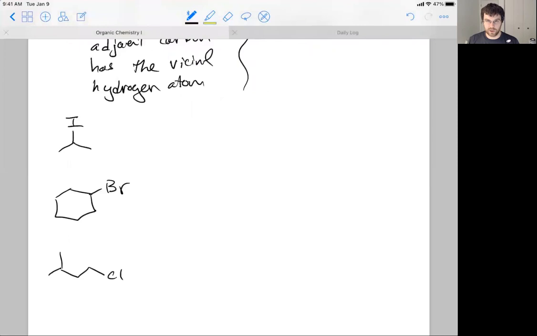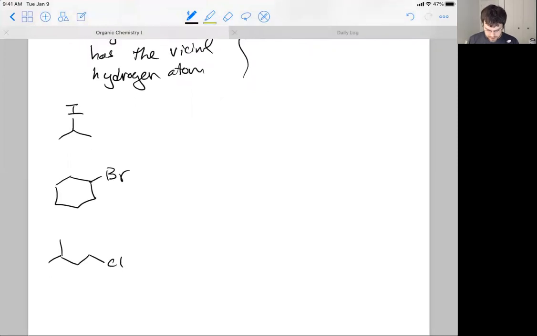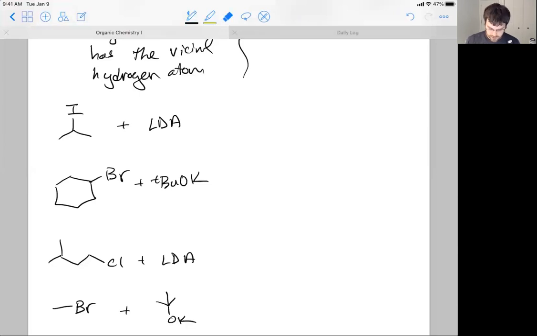We'll do one chlorine example, but everybody loves Br for these. Now, let's add some bases. Let's kind of mix it up. Let's throw LDA in there a few times. Then maybe I draw the structures.